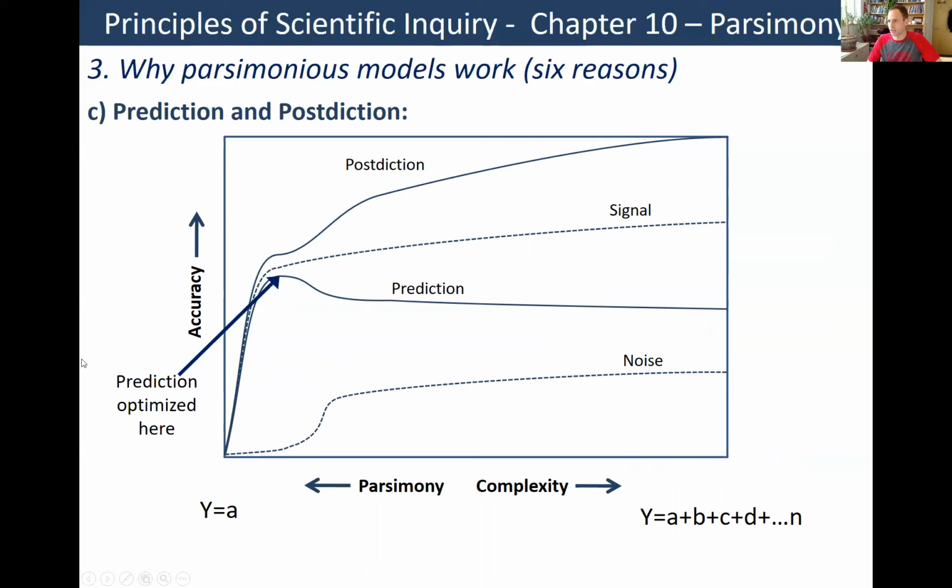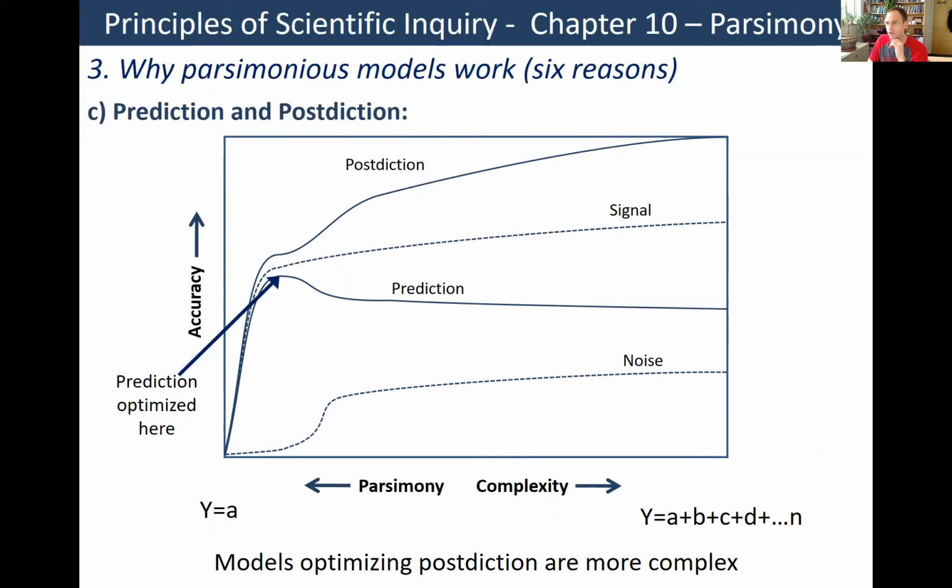And this little bump is known as Occam's Hill, for obvious reasons, Occam being considered one of the fathers of ideas of parsimony as a criterion for theory selection. All right. So models optimizing post-diction are obviously more complex, while models optimizing prediction are relatively simple. Not minimally simple, but relatively simple.